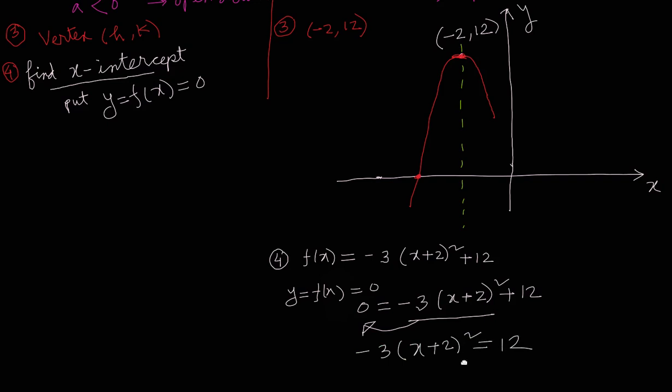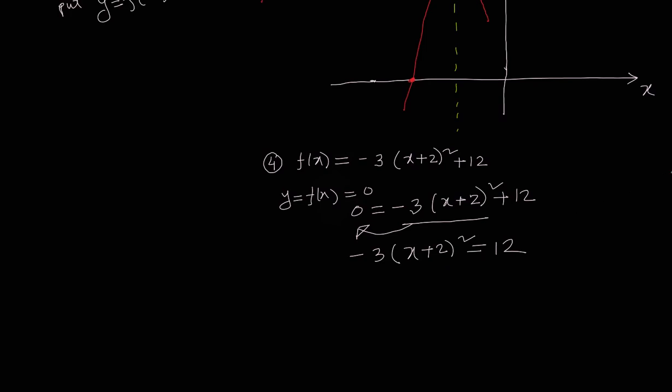Now I am going to divide both sides by -3. So what I get finally is (x plus 2) square equals -4.